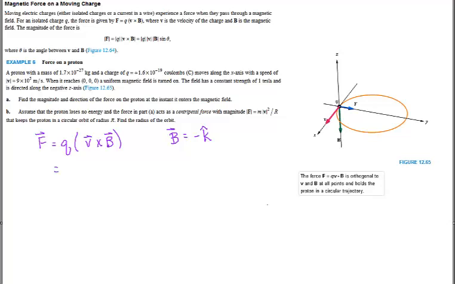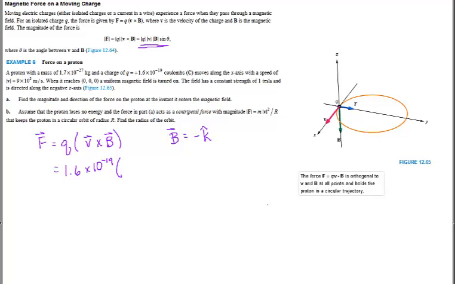Alright, so I take my Q, 1.6 times 10 to the minus 19, and then I'm going to multiply that by the cross product of vector V and B, and you'll note here that in order to get that magnitude, it's just going to be the magnitude of V times the magnitude of B.